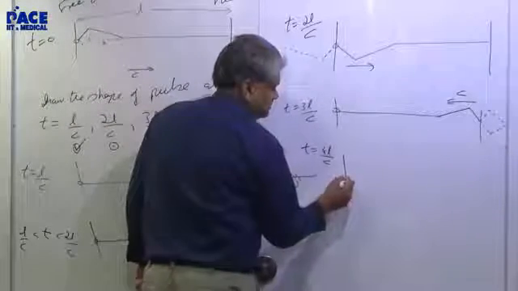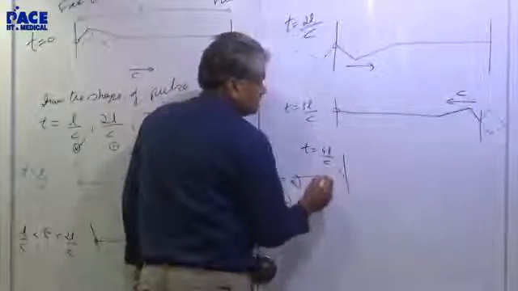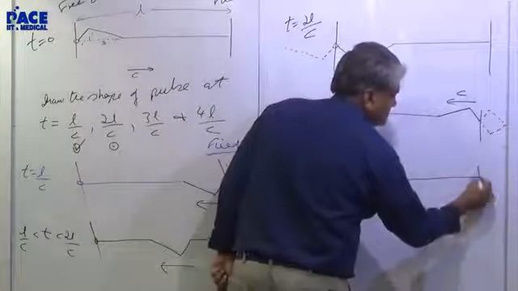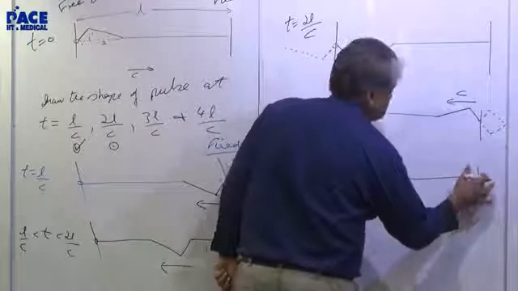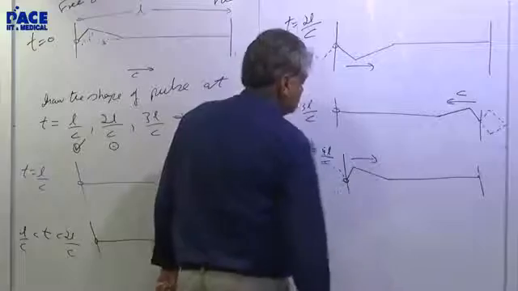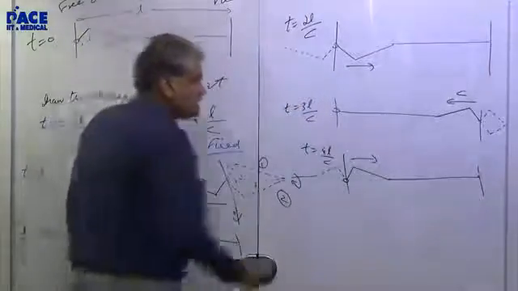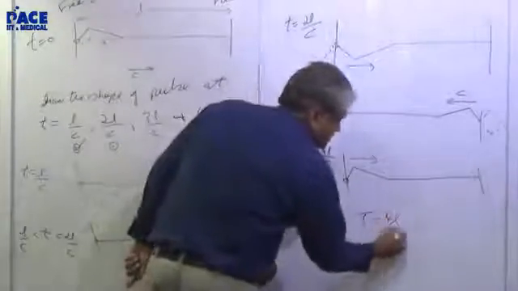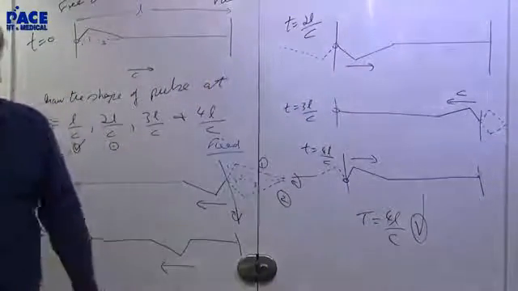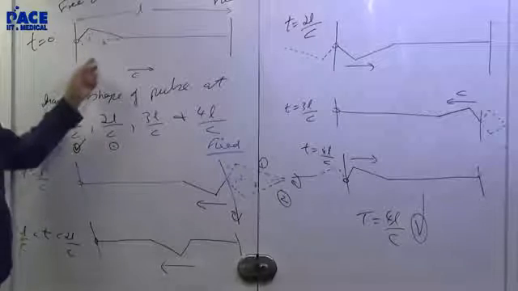So this is how it looked at 4L by C. You can say the time period of this pulse is 4L by C, because after 4L by C it regains its original shape.